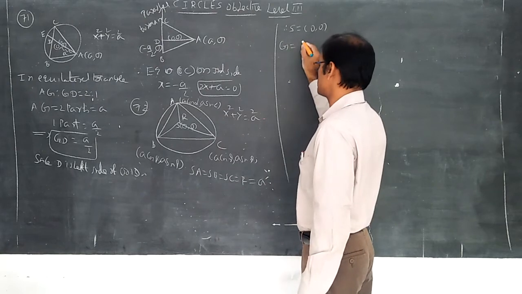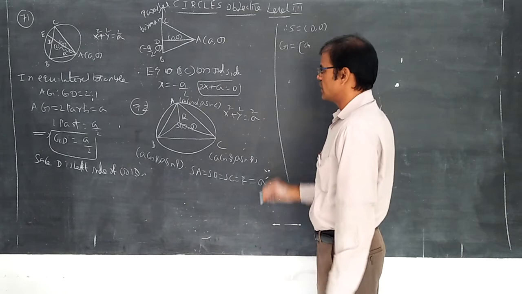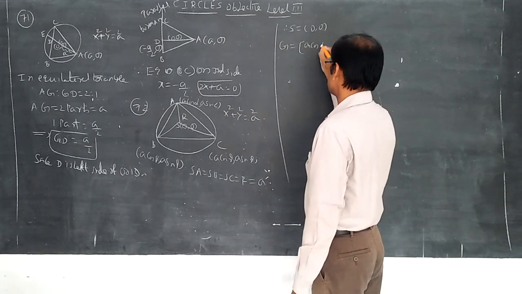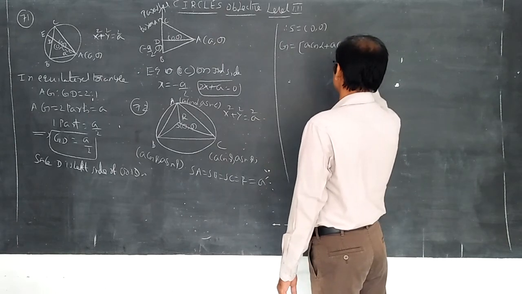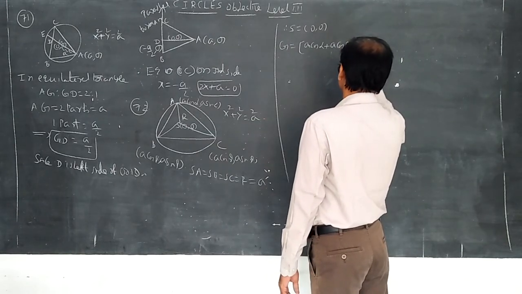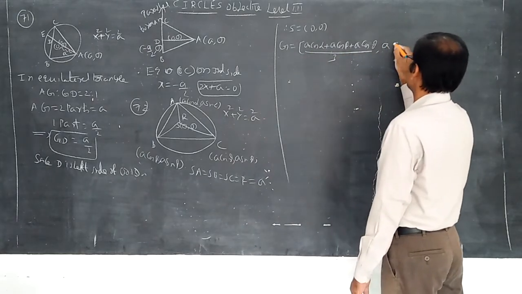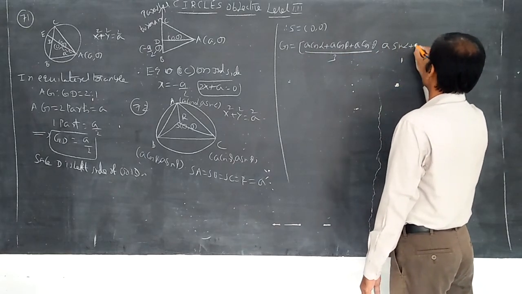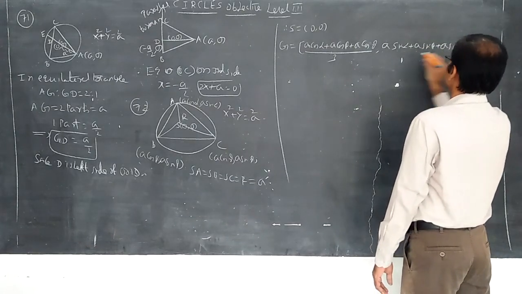G we can write as the formula (x1 plus x2 plus x3) by 3 and (y1 plus y2 plus y3) by 3. G is equal to (a cos alpha plus a cos beta plus a cos gamma) by 3 and (a sin alpha plus a sin beta plus a sin gamma) whole by 3.